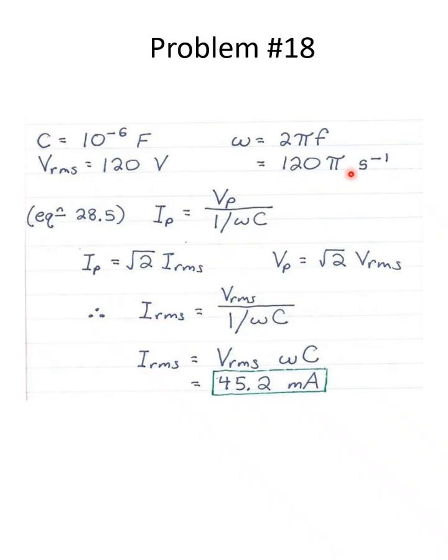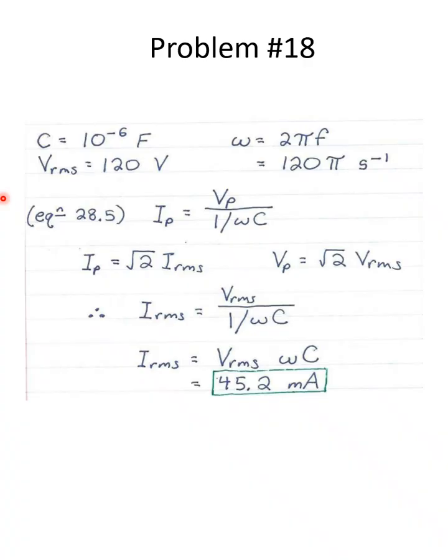Omega is 2 pi times the frequency, so 2 pi times 60 hertz is 120 pi radians per second. So we want to know the current because the question is asking about root mean square. We're going to have to do a slight little conversion here.